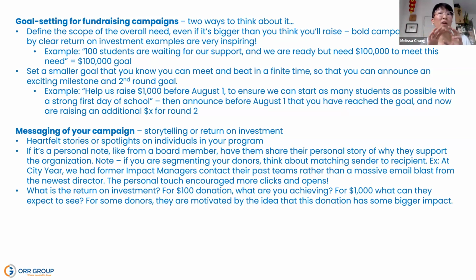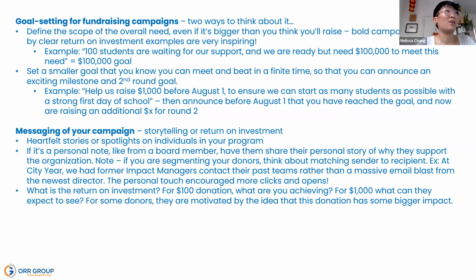We built a very bold goal, knowing that there's a whole universe of fundraising out there, and we don't know exactly where it'll come from, but we know that we can pursue it. So the first example is to scope out this bold goal and make it bold, because that could be framed in a really inspiring way for your donor community.